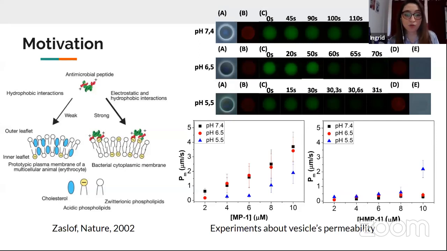Professor João's lab worked with two different antimicrobial peptides, MP1 and HMP1. On the next slide, I'll show you the difference between them. They did some experiments on vesicle permeability, with a vesicle made with a mimetic bacterial bilayer, and they showed different leakage from the vesicle at different pHs.